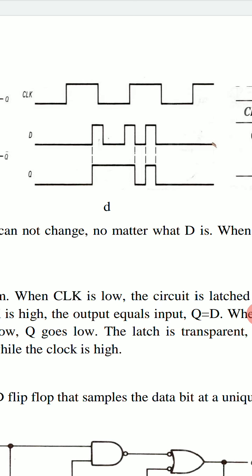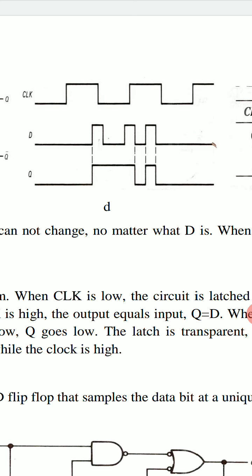Then we see that clock goes to high, D is 0, then Q is 0 again, and when D becomes 1, then Q becomes 1 because at this instant clock is high.